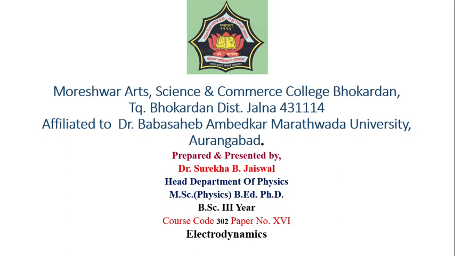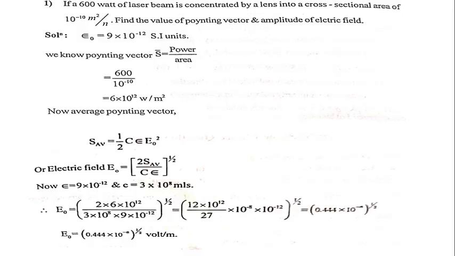Now, see, if a 600 watt laser beam is concentrated by a lens into a cross sectional area of 10 into 10 raised to minus 10 meter square per n.